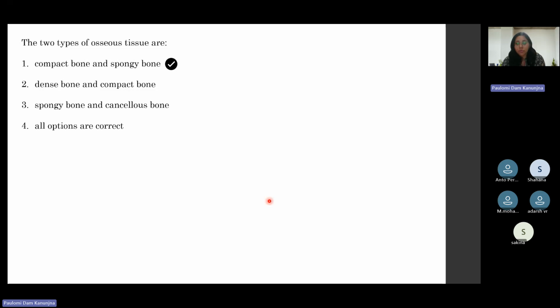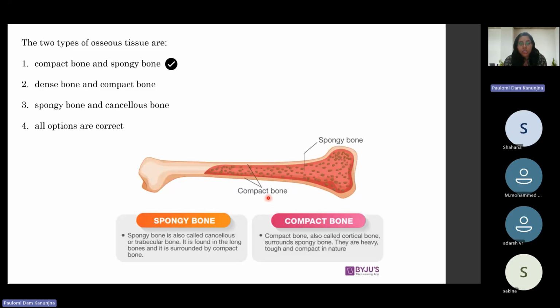Let's see what these bones actually look like. This is your spongy bone and compact bone together, right? So what is spongy bone? Spongy bones are also called cancellous or trabecular bone. They are found in the long bones, and they are surrounded by compact bone.